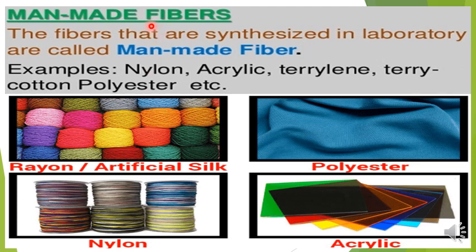The second type of fiber is man-made fibers. The fibers that are synthesized in laboratories are called man-made fiber. Examples are nylon, acrylic, terylene, terrycotton, polyester, etc. These fibers are synthesized in laboratories.